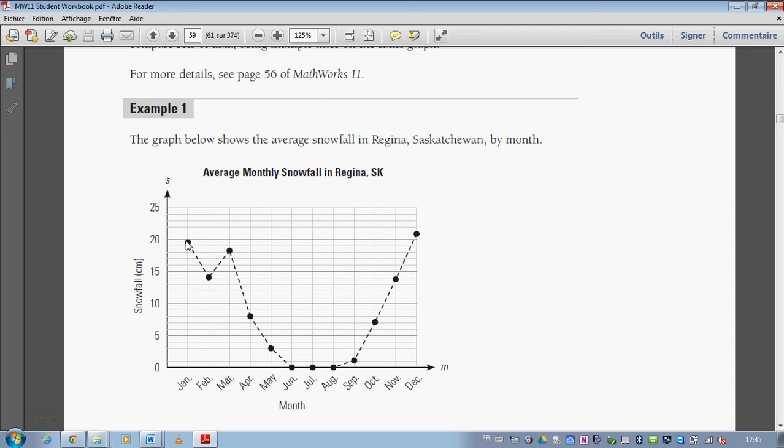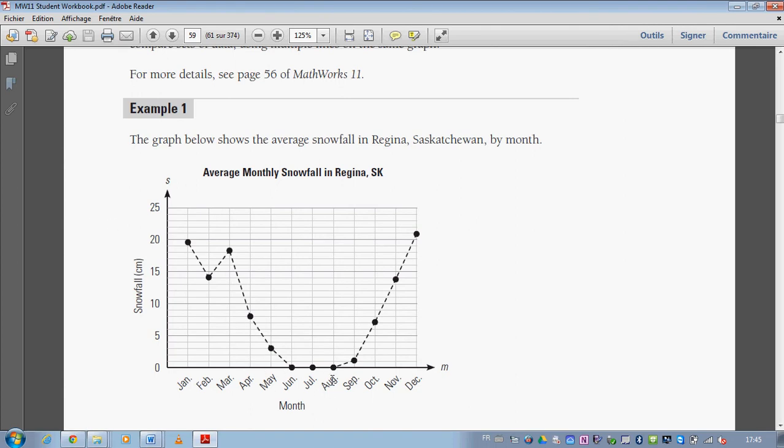You can see the points, and the month is the independent variable. The snowfall is the dependent variable, and if you're not too sure about that, just think of it as snowfall is the dependent variable because it depends upon the month. The amount of snowfall that we get depends upon the month and the year, and not vice versa.